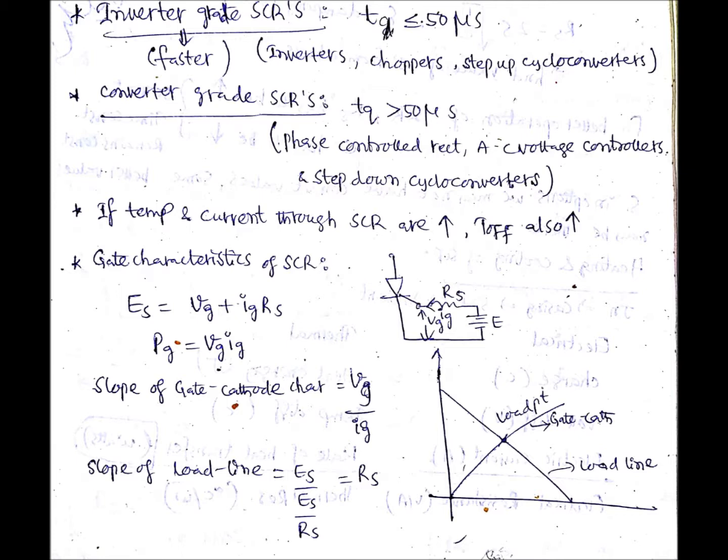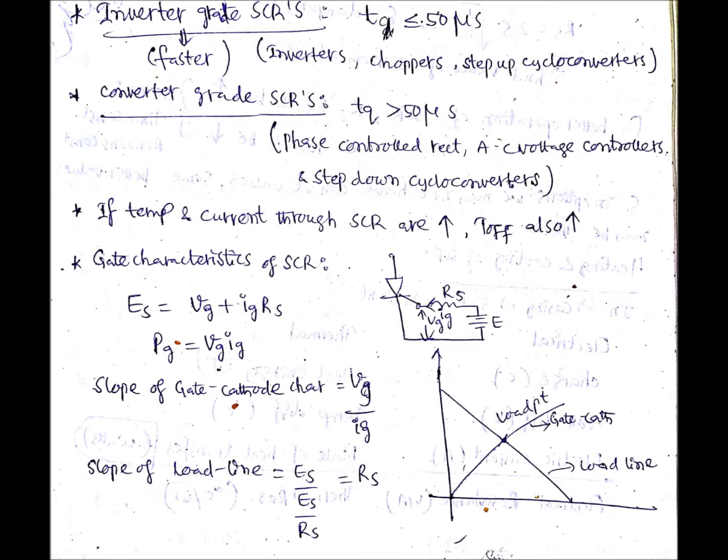If you observe this graph, the load line is there and the gate cathode characteristics are there. The slope of the gate cathode characteristics is nothing but Vg by Ig, because Vg is on the y-axis and Ig is on the x-axis, so the slope will obviously be y-axis by x-axis, that is Vg by Ig.